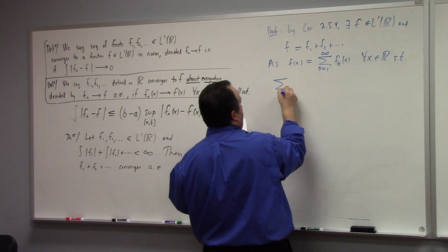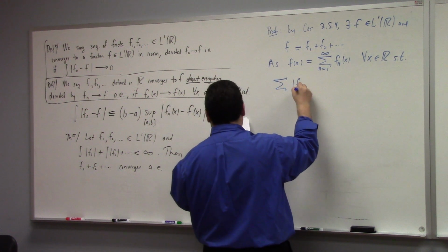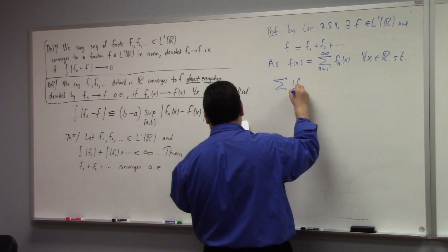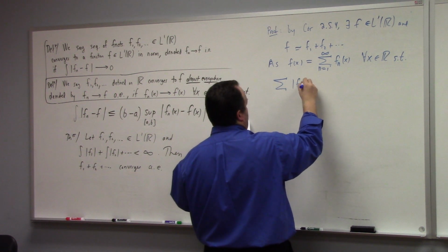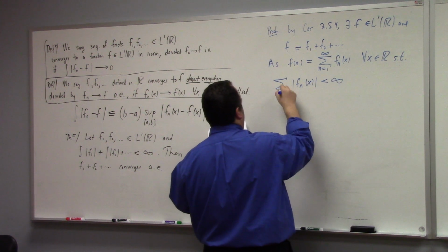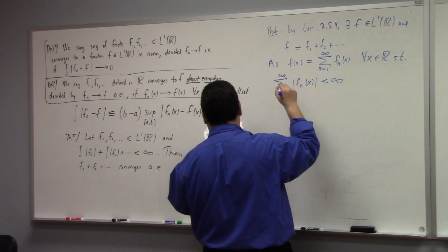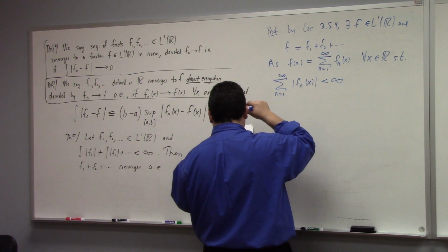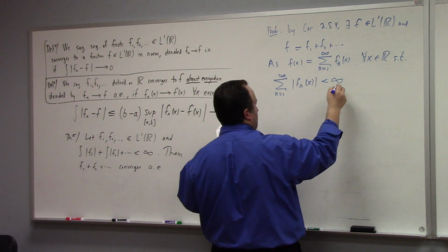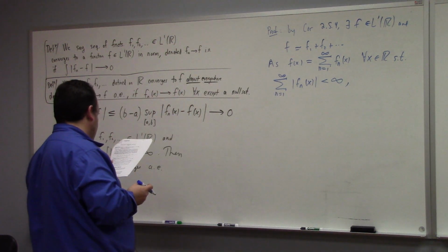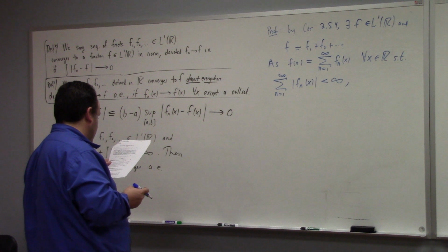That the sum of the absolute values of the integrals of the f_n, right? Oh no, just the absolute value, my bad. Such that this is less than infinity, right? It says it suffices to show that the set of all points in X for which the series is not absolutely convergent is a null set.